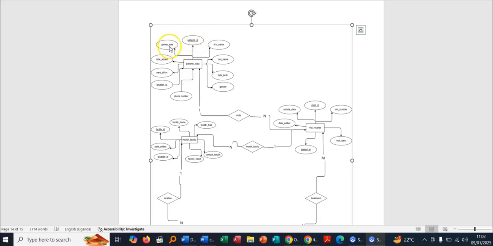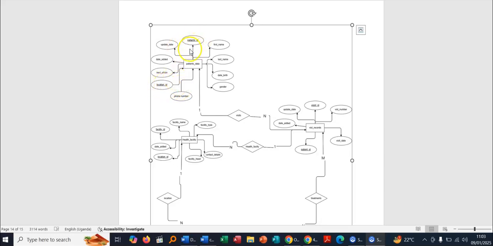As you see, these other attributes are represented by these ovals without an underline, but each attribute uniquely identifying an entity is represented by an oval with the attribute underlined.